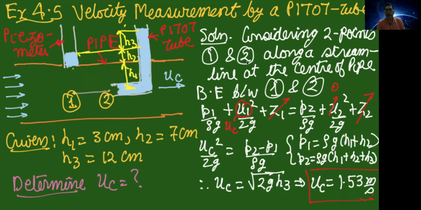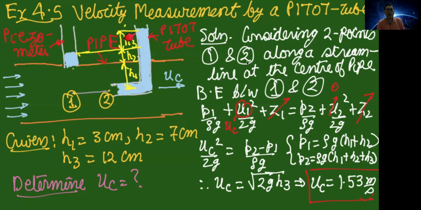So to derive this expression for the velocity at the center line, I have shown you that we need h1, h2, h3. But the final expression that we have derived involves only h3, not h1, h2. And what is this h3? h3 is the difference in the level of the free surface in a piezometer and a pitot tube.